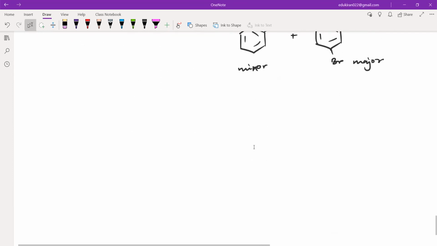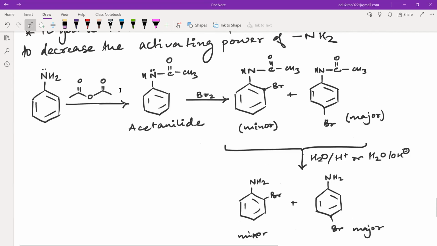So now you can write this, because in theory you may also get this type of question. How can you get a mono substituted product in the bromination of aniline? We have to get a mono substituted product by decreasing the activating power of NH2. So for that, what is done?